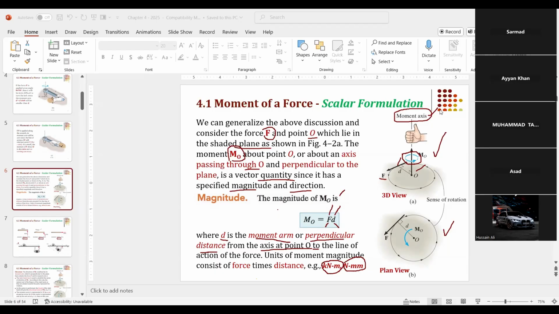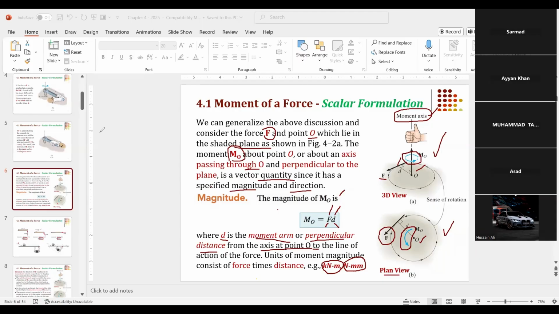And in the plan view, right here, you're looking from the top, and again, you can see that this is the counterclockwise moment produced by the force F about point O.